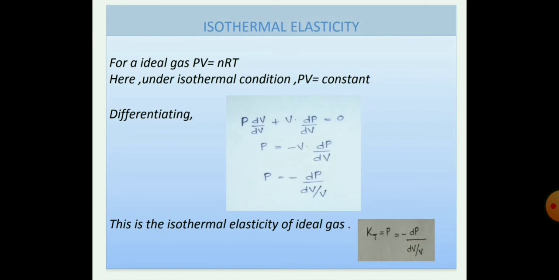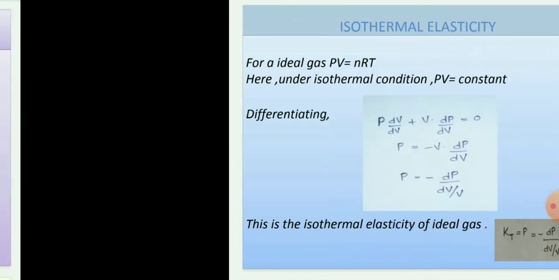Taking V in the numerator to the denominator, we get pressure is equal to minus dP divided by dV by V. This is the isothermal elasticity of an ideal gas, and we represent isothermal elasticity as Kt. Therefore, Kt is equal to P is equal to minus dP divided by dV by V.